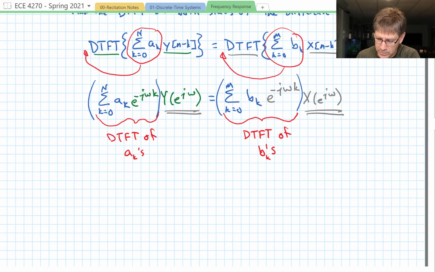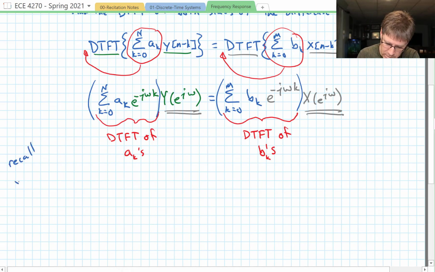Also, it's very common to relate this back to the basic convolution or filtering operation. Remember that if the input to a system is x, the output y is the convolution of the impulse response with the input. So recall y of n is equal to h of n convolved with x of n.